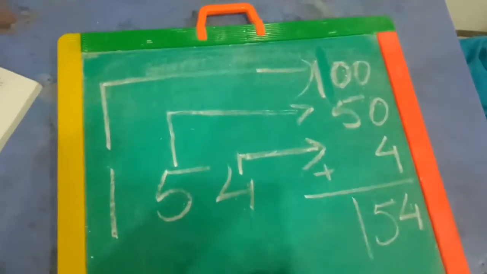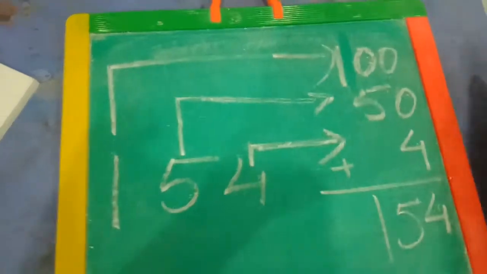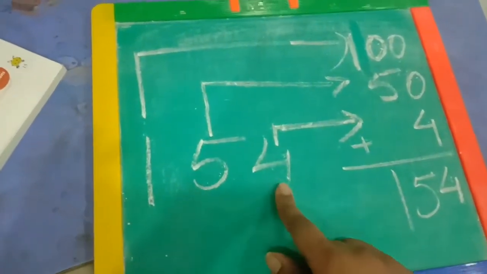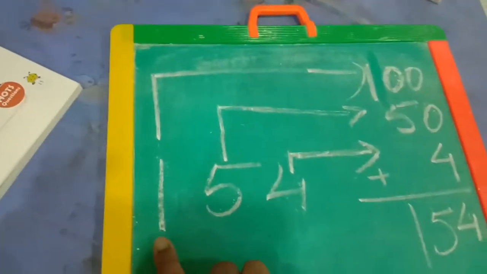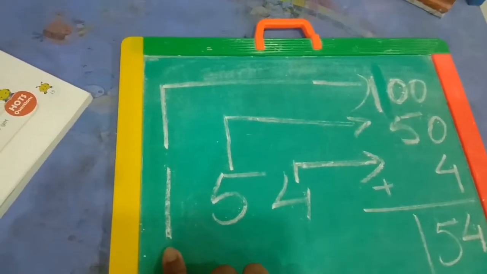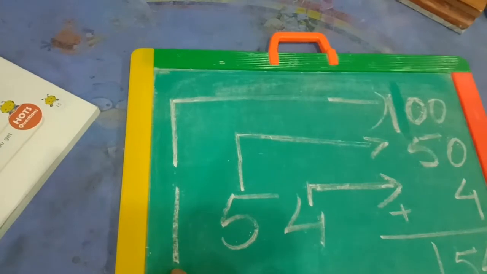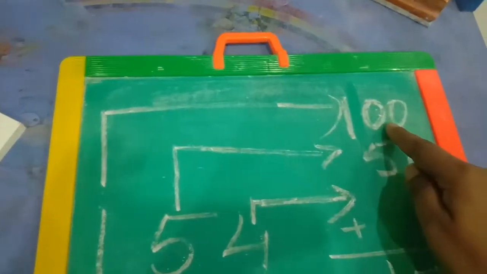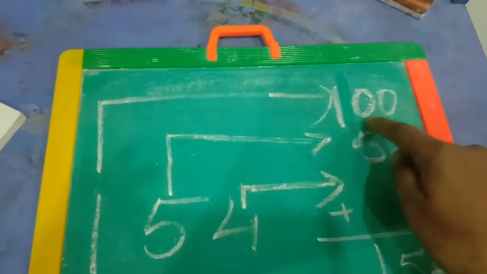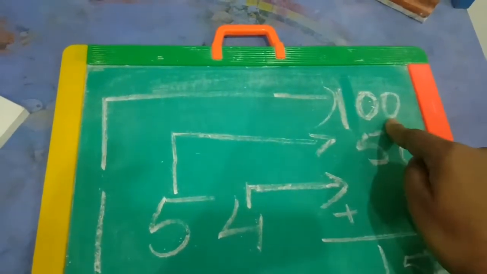So in terms of writing the particular number in terms of place value, we can write it like this. 1 is in the hundreds place. So instead of writing the spelling, we have written the numbers, the place value is 100.